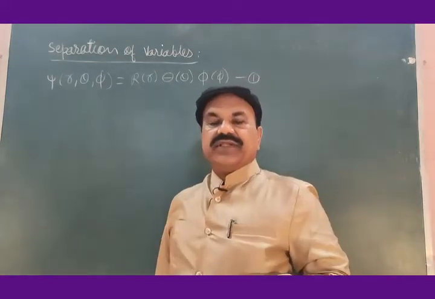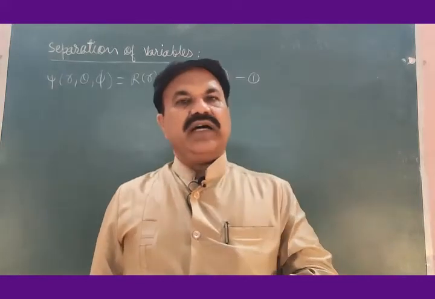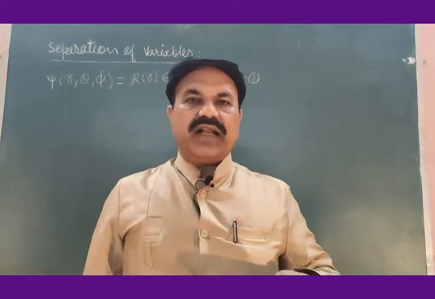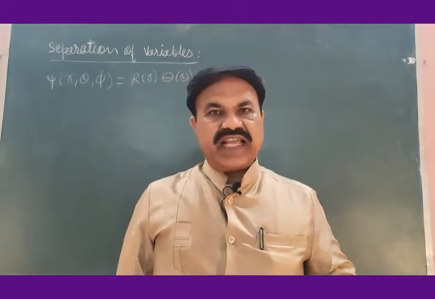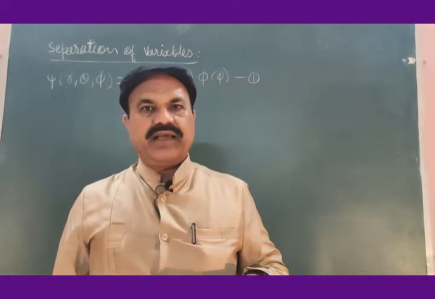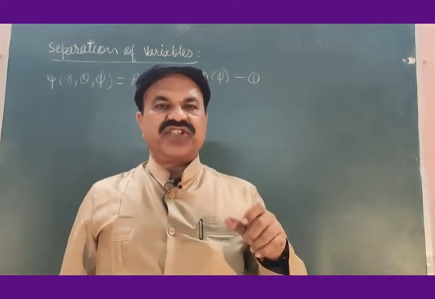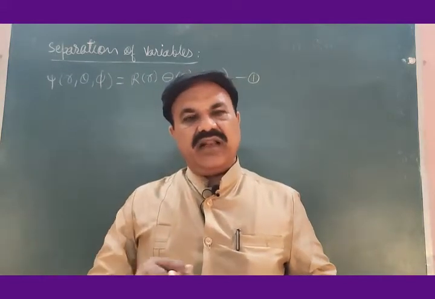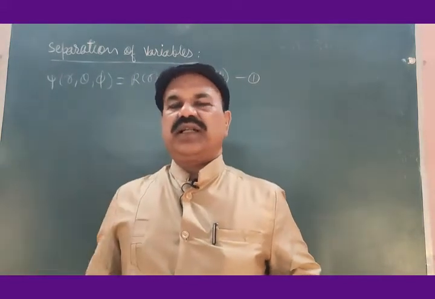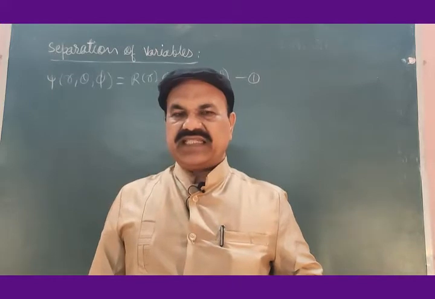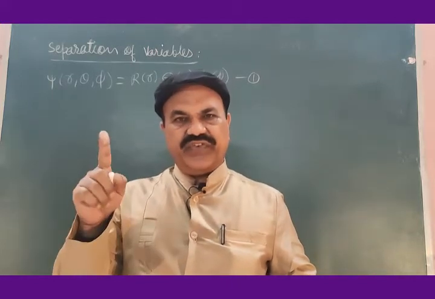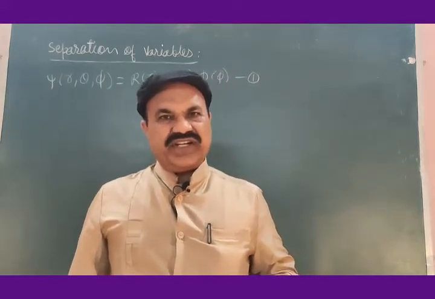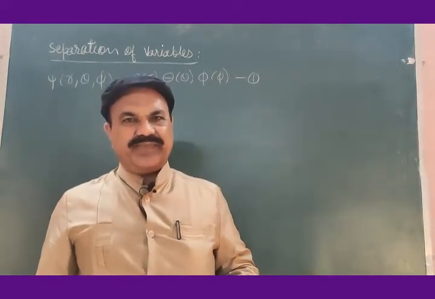When we consider the equation in R of r, the variable R of r describes behavior of the wave function psi for the electron of the hydrogen atom along the radius vector small r. In the last article, we have drawn the figure for the spherical polar coordinate system with coordinates r, theta, phi.